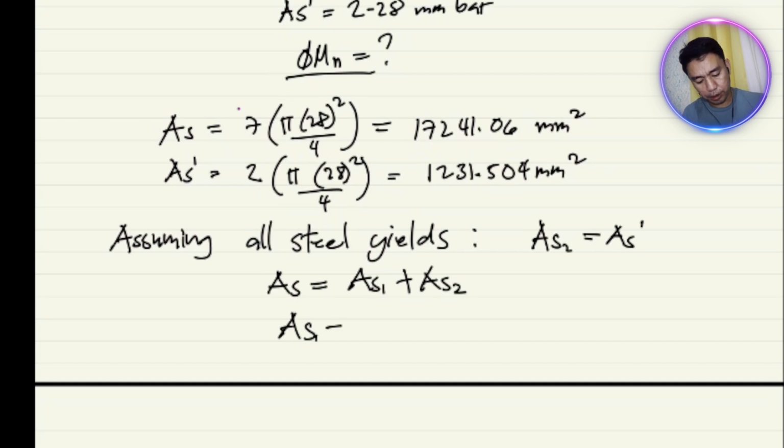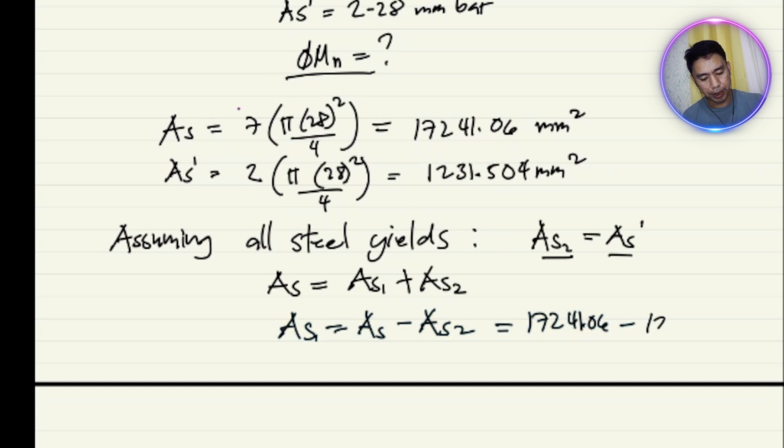So we will solve AS1. Bakit ko i-solve yung AS1? Yung AS1 kasi yun yung first couple. Right? Yung first couple ng steel at saka concrete. Yun yung first couple natin. Ang second couple is steel versus steel. So we need to solve AS1. This is AS minus AS2. We have 17,241.06 minus AS2, which, sabi dito sa equation, AS2 is equal to AS prime.